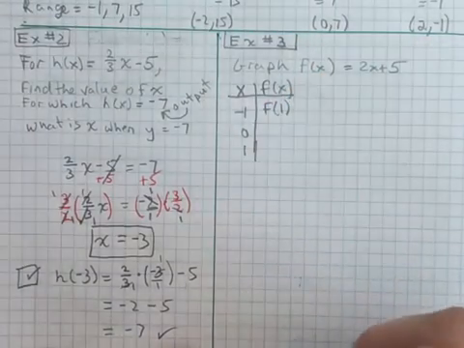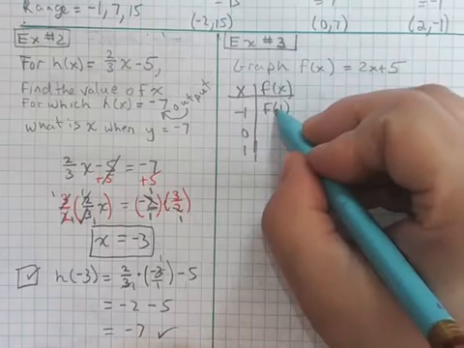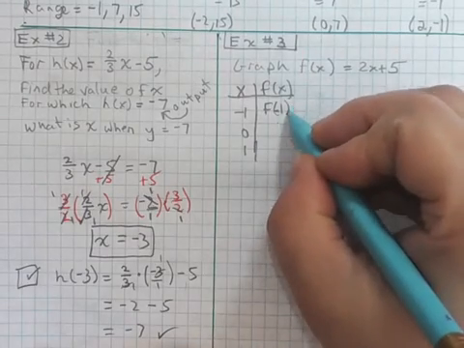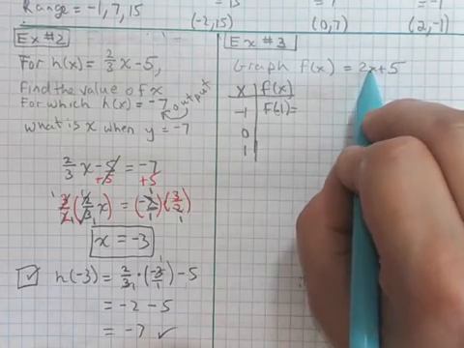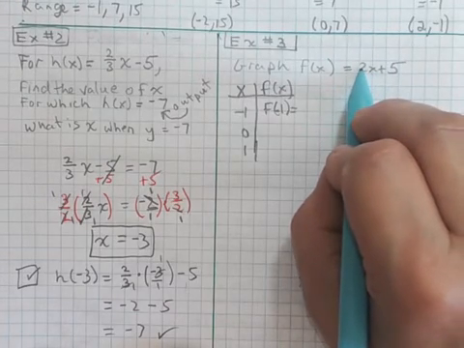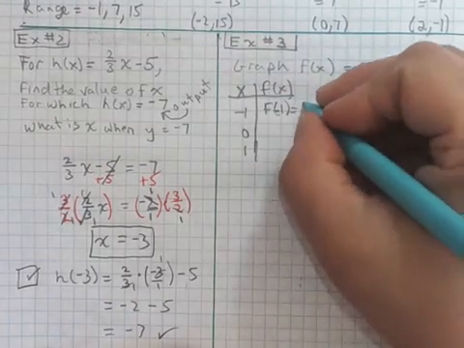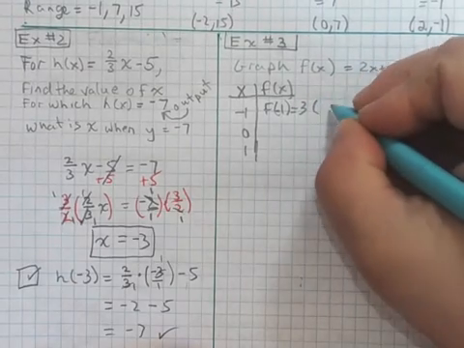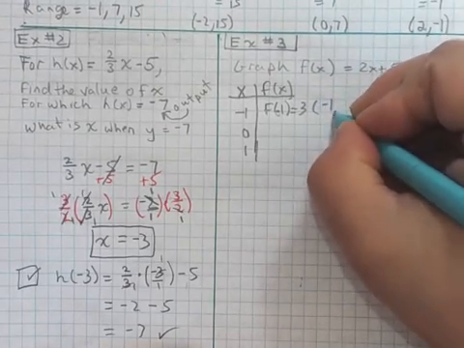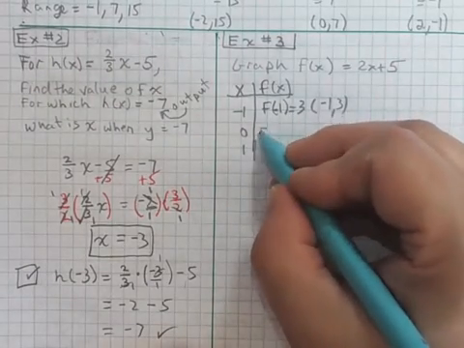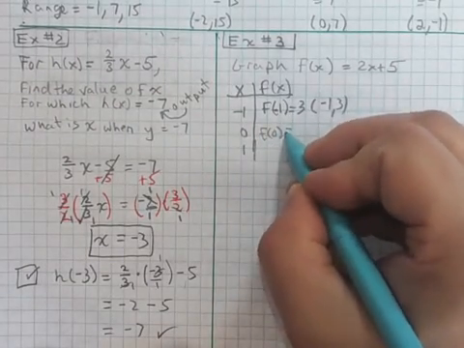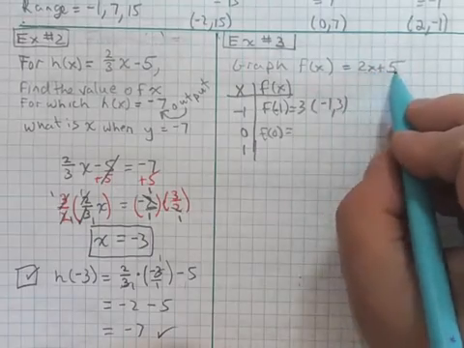So we'll just practice it. F of -1, so we're plugging in -1. What is f of -1 if we plug that in? -1 times 2 is -2, add 5, that's 3. So that's our output, and we have the ordered pair -1, comma 3. Plug in 0, so f of 0 is 2 times 0 plus 5.